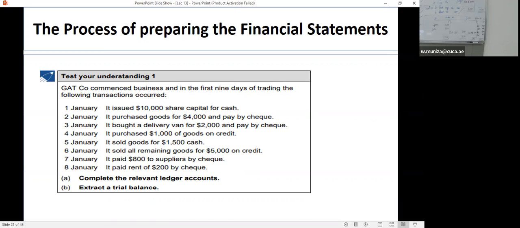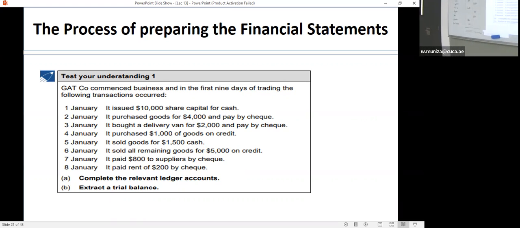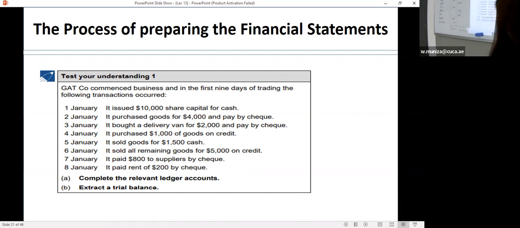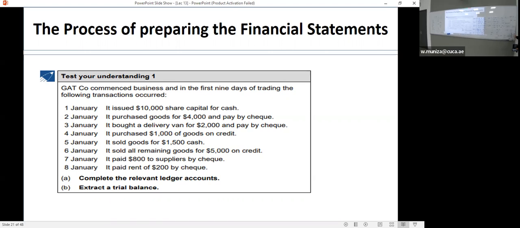Please add both the sides. They should be equal. No, they are not equal, students. There is some mistake which has been done in calculations or somewhere because they have to be equal. Is it 11,500? 4,000, 2,000?